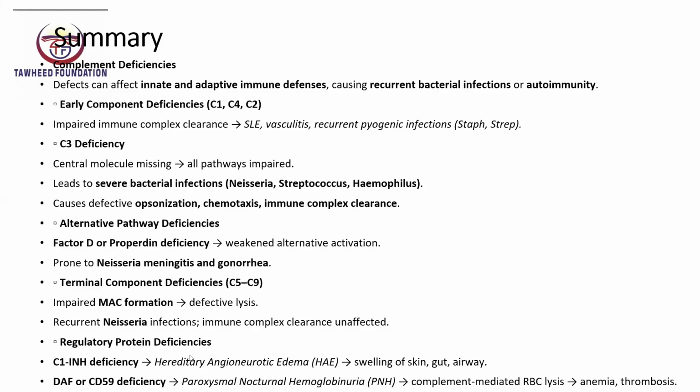Regulatory protein deficiency gives C1-INH deficiency, hereditary angioedema, that is swelling of skin, gut, and airway; DAF or CD59 deficiency, that is PNH, with complement-mediated RBC lysis, anemia, and thrombosis.